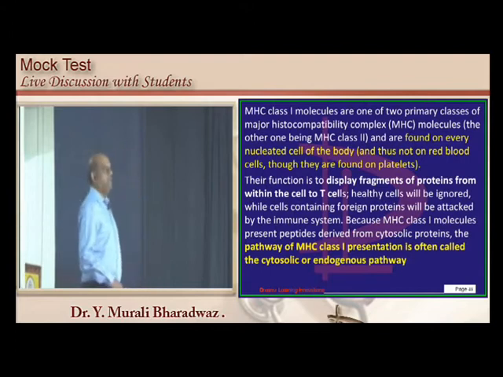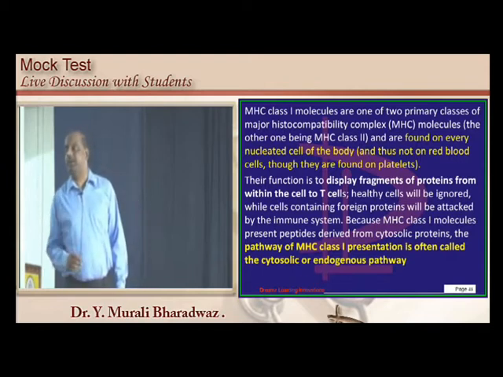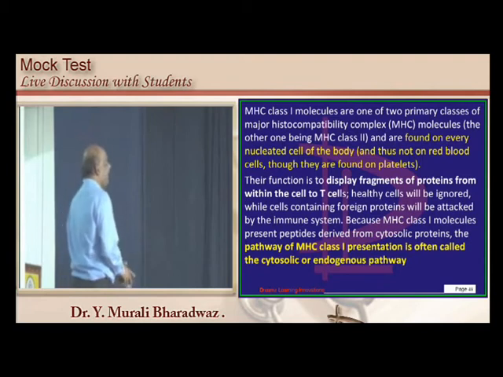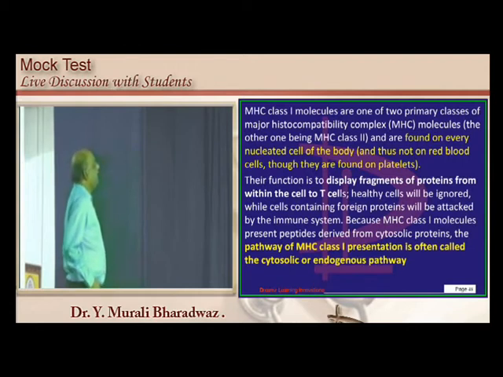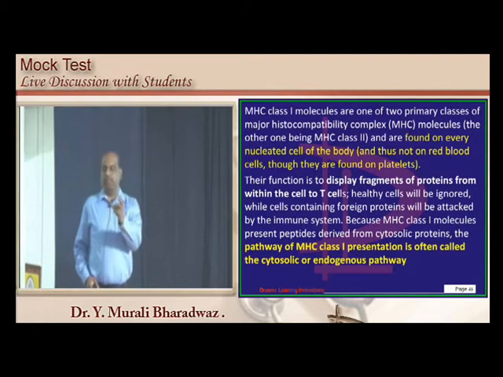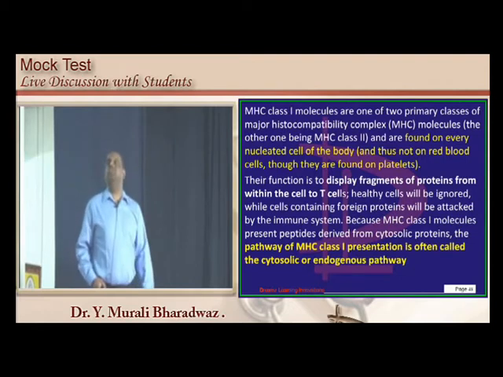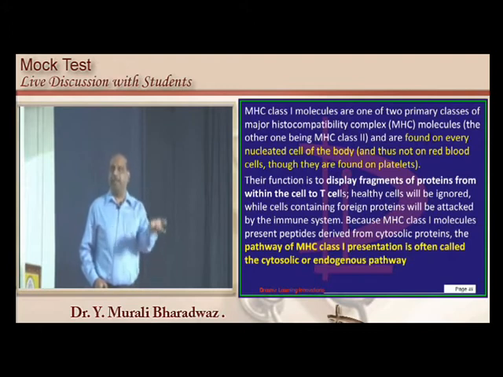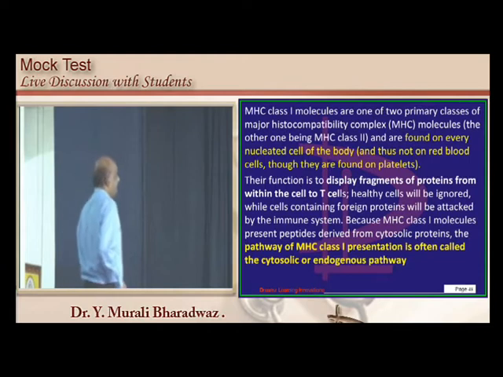And what is the way by which MHC class 1 functions? Major histocompatibility complex class 1 is also called the endogenous or cytosolic pathway, where it presents the foreign proteins, which become immunogenic and presentable to the immune cells for further phagocytosis, which is the underlying mechanism.